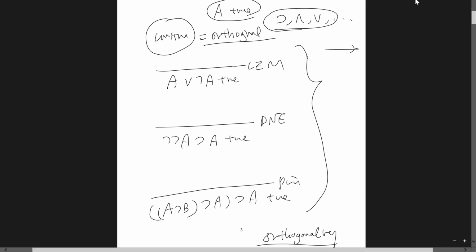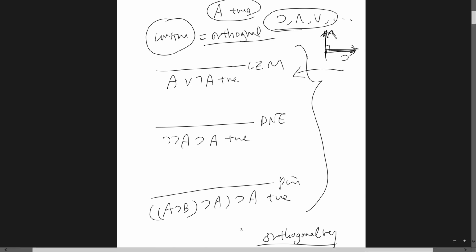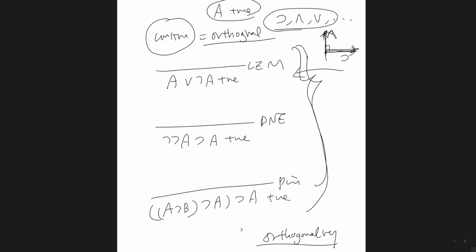So, for example, figuratively speaking, implication goes this way, but conjunction goes this way, so they are orthogonal. So they don't meet, they don't depend on each other. But once you throw in one of these rules, the orthogonality of the system is destroyed.